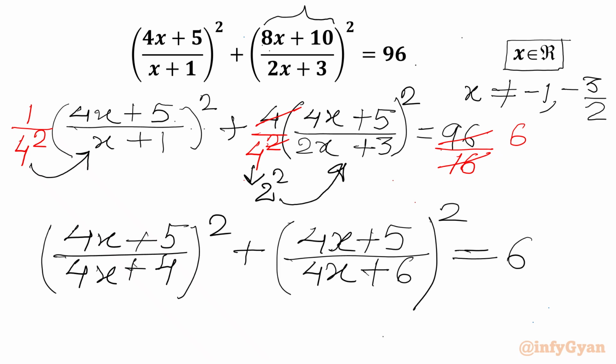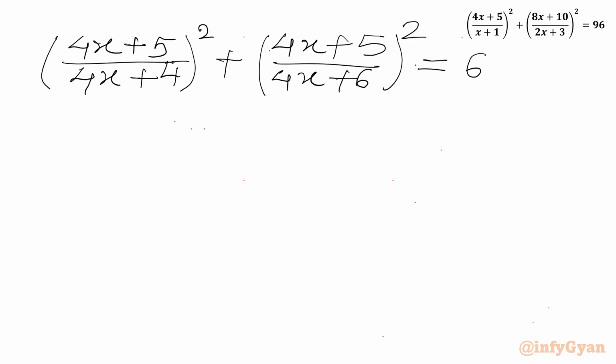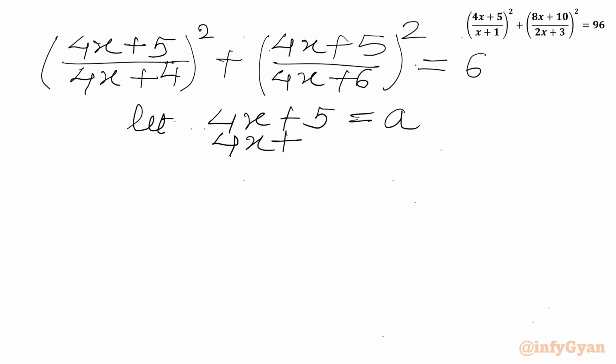Now we will use substitutions. Let me write our equation here. Now we can use our substitution. Let us consider 4x plus 5 equal to a, suppose. So 4x plus 4 will be a minus 1, and 4x plus 6 will be a plus 1.